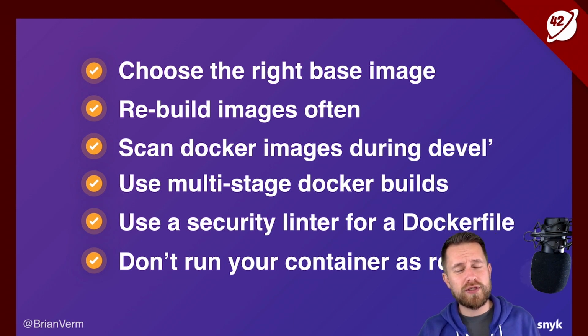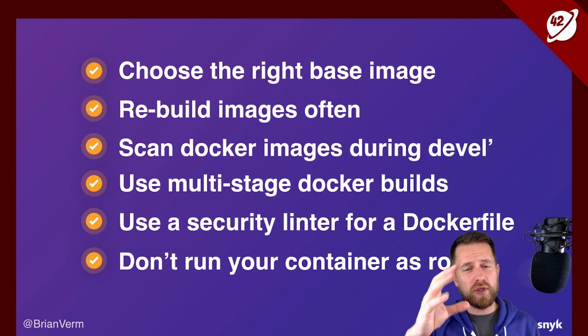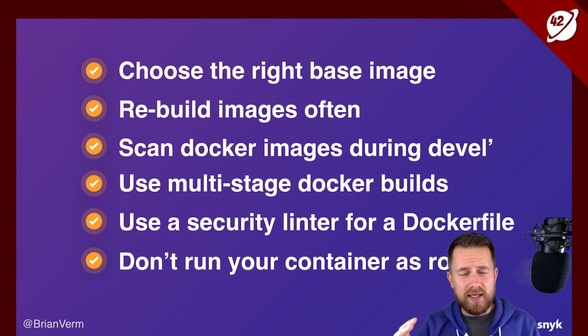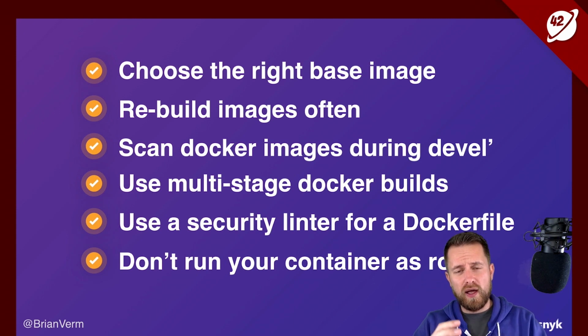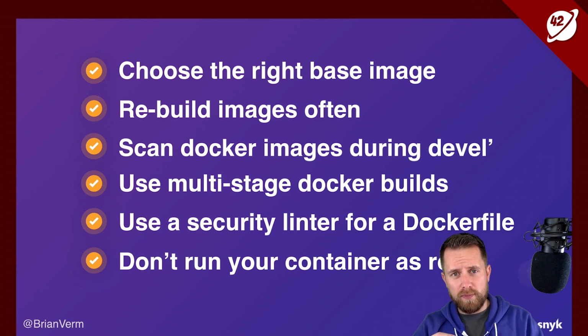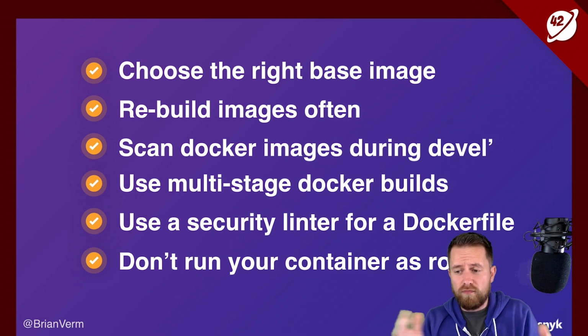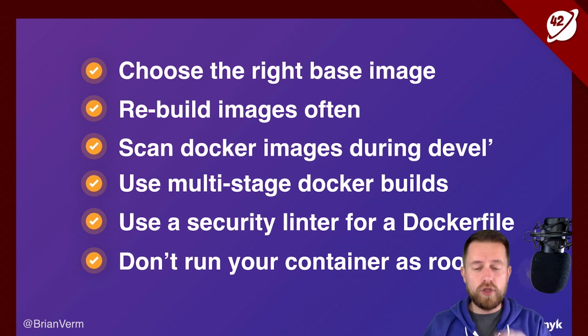The multi-stage builds I showed you are a good practice to separate your build image, which might need stuff like tokens or extra binaries to do the building, from the production image that is small and based on, for instance, an Alpine image. Use a security linter.